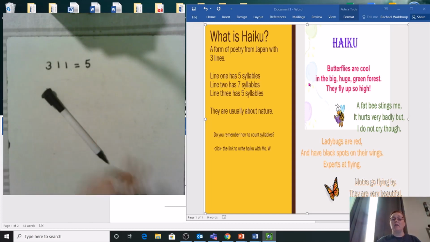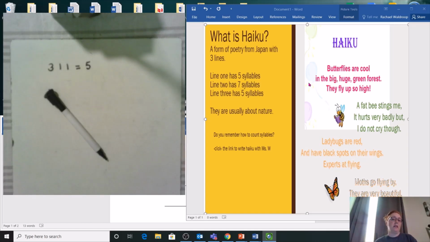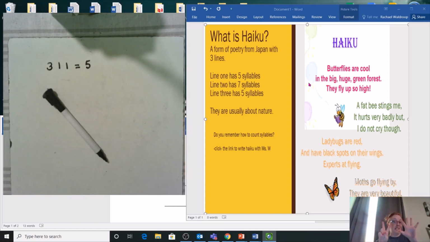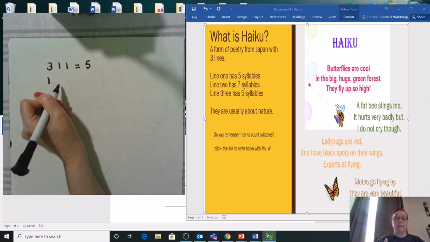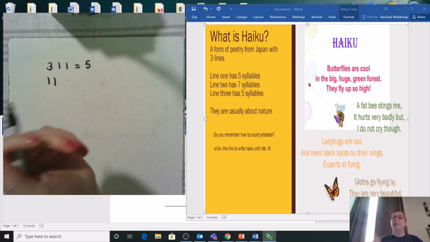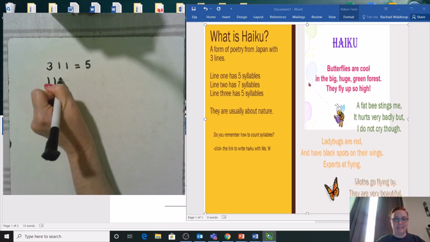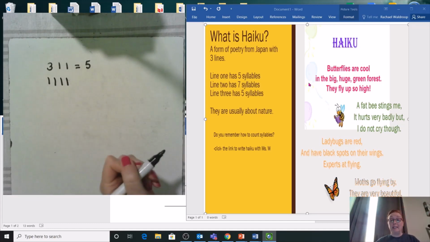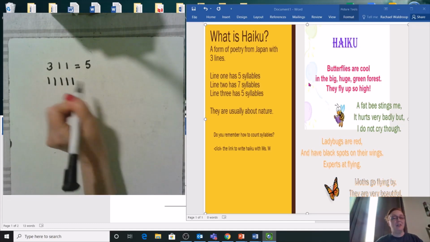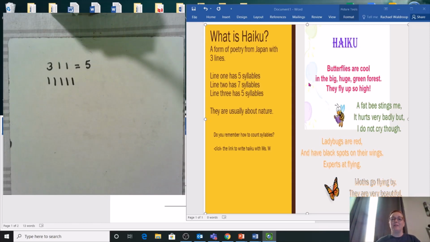So let's count our syllables in the second line. How many are we supposed to have in the second line? 7. Let's see if we get to 7. In the big huge green goodness forest.